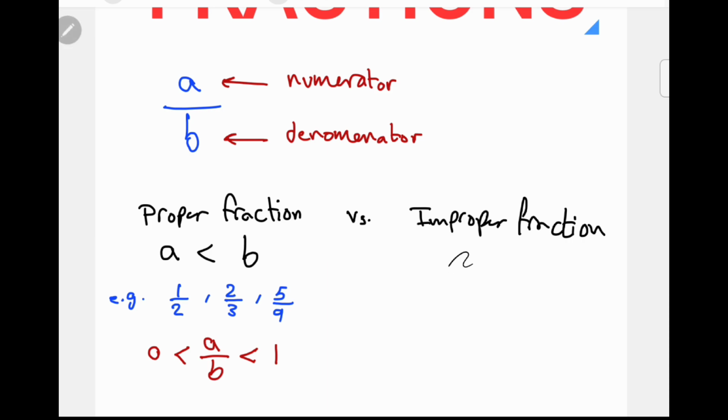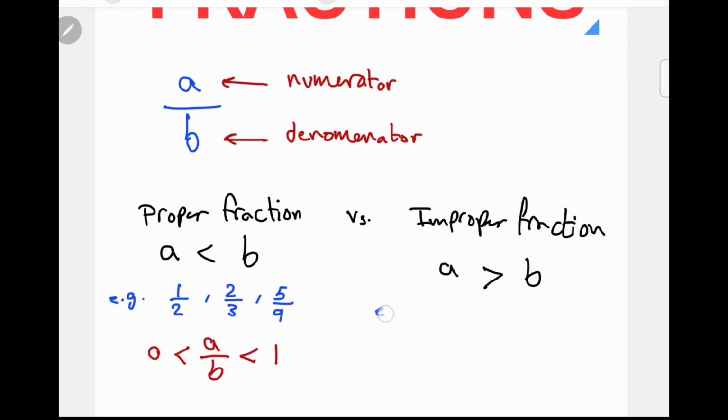Now, if the value of the numerator in the fraction is greater than the value of the denominator b, then this is called an improper fraction.